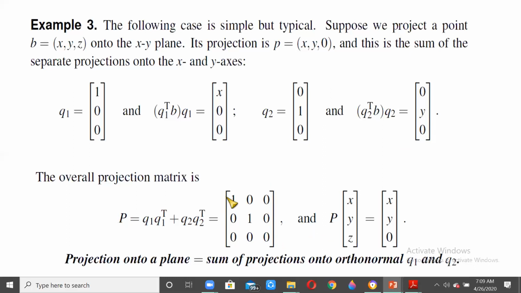And naturally, because this is P, P multiplied by b will give us the value p. Small p is equal to capital P times b. So the projection onto the plane is the sum of projections onto the orthonormal vectors Q1 and Q2.